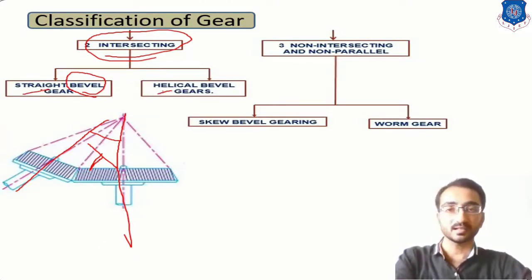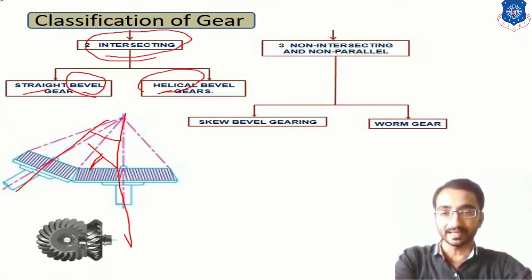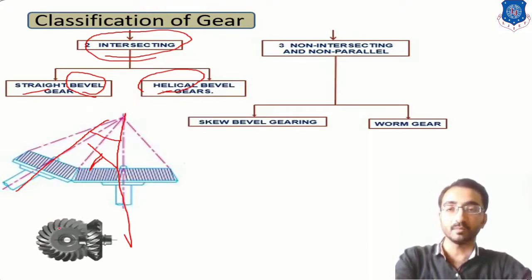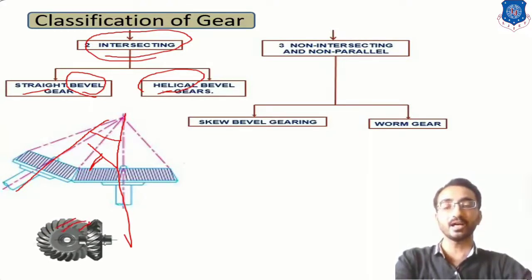Again you can understand from the name itself, in a helical gear the teeth will be at some helical angle. For example, in this mechanism you can observe that the teeth profile is inclined at a certain angle, and this angle will help to transmit a large amount of power. And if the power transmission amount is small, then you can use a straight profile over here.